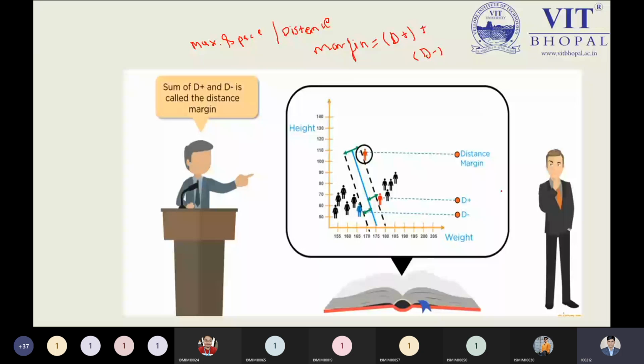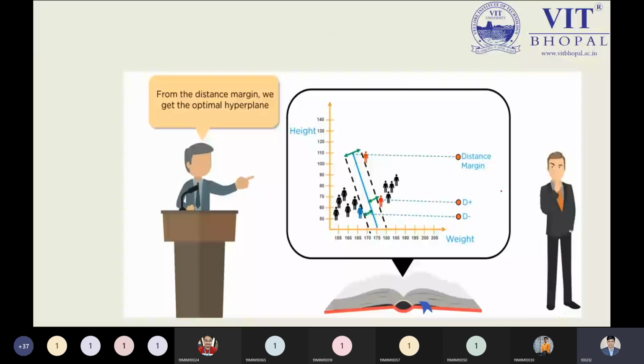After understanding this point, we have a question right now. From this distance margin, we can get the optimal hyperplane. So we have chosen that, and that is our optimal hyperplane. So what would be our aim under the support vector machine? Our aim should be to get the optimized or optimal hyperplane.